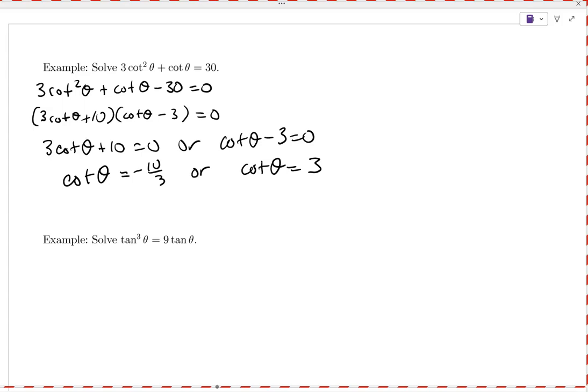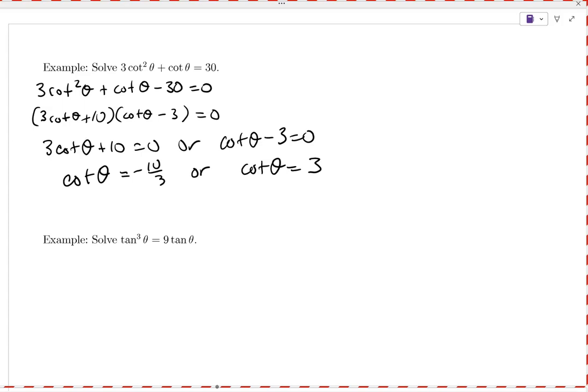So we get cotangent of theta is negative 10/3, or cotangent of theta is 3. Those don't look like things I know. Those don't look like values that I know coming out of any of the trig functions, right? We don't have lots of just 3s. We have square root of 3, but not a lot of 3s. So this is probably one of the ones we're going to use our calculator on.